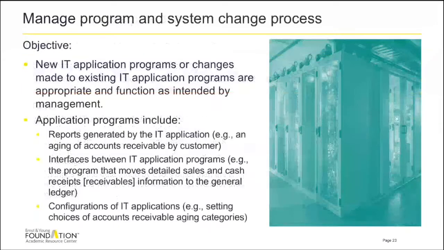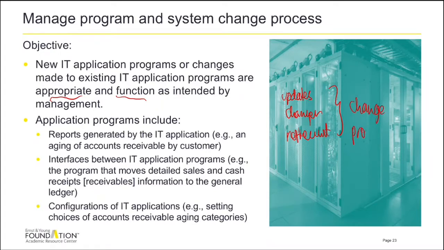Next, manage program and system change process. So the objective is that new IT application programs or changes made to existing IT application programs are appropriate and they function as intended by the management. So pag may updates, may changes, retirement, they should all go to what we call a change process.